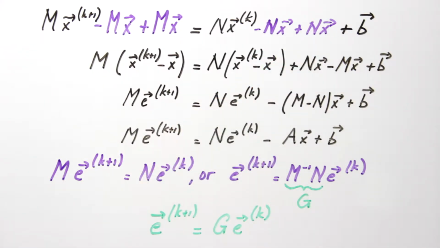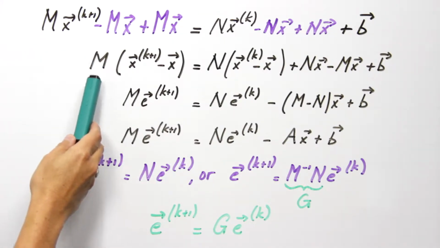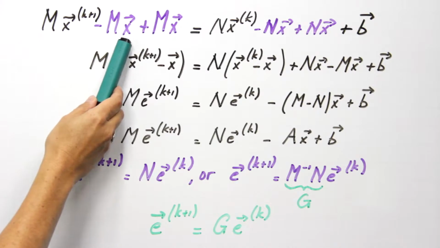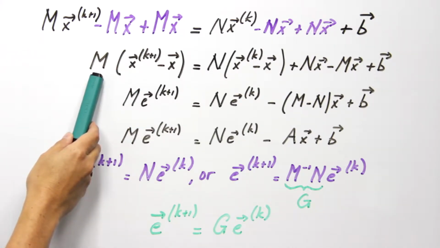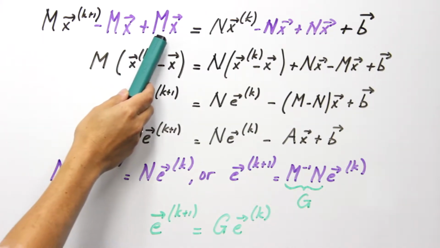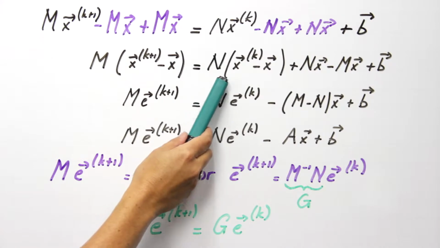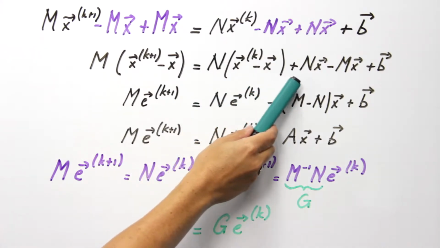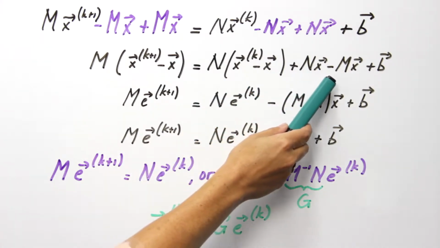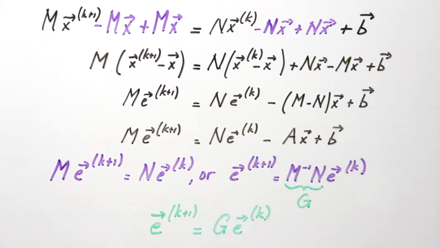So this is still the same equation as we had before. And now we move some of these terms around. We take x_k plus 1 and x together and put M in front of it like this. We have a plus M x left. We'll move that to the right-hand side of the equation. And on the right-hand side now we have N (x_k minus x) plus N x, which was left from before, minus M x plus b.